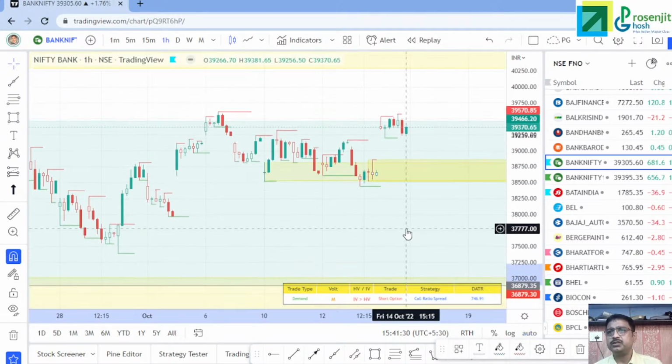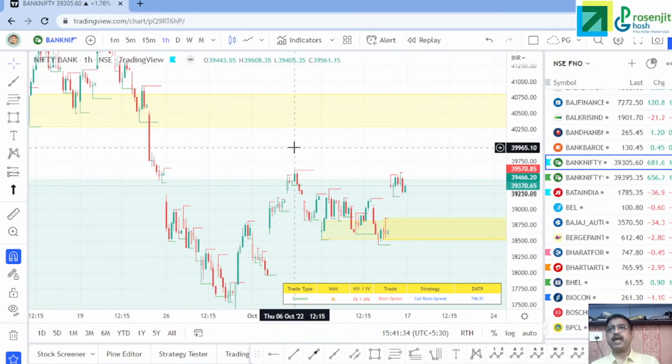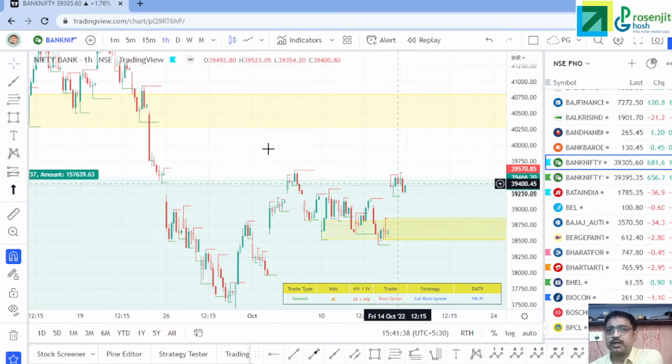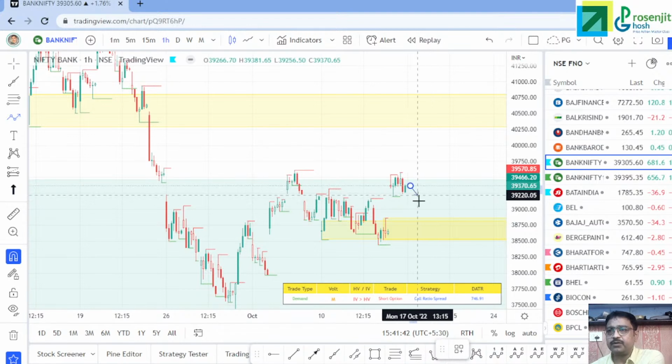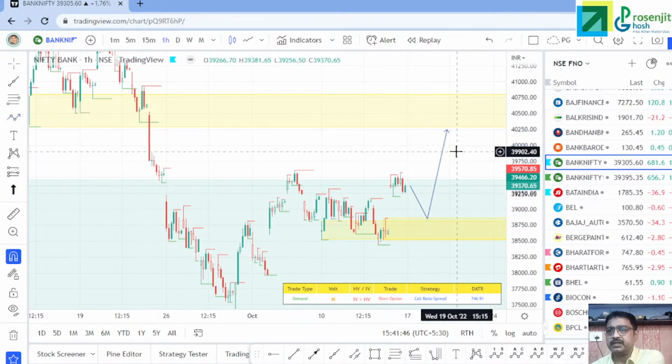So this is one of the trades which I can see in Bank Nifty, and a similar kind of trap zone on the other side. So even if I think that I can take a trade from this level, my maximum target for now will be this level, right?